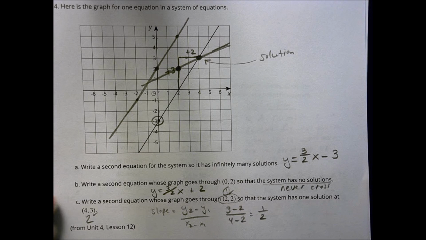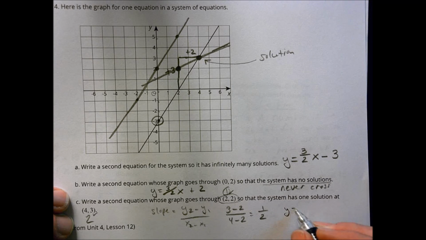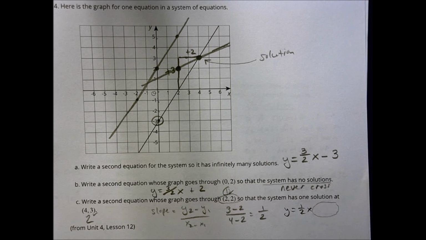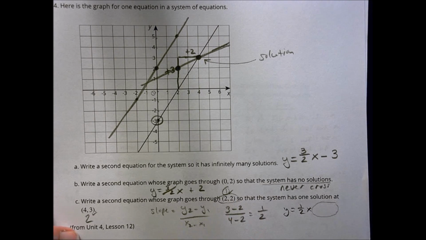So I know I have y equals 1/2 x, but I need to figure out where it crosses the y-intercept. To figure that out, I can plug in any one of these points to find out what this is going to be. We can write this as plus, and let's call it capital B so you don't think it's a 6. We're going to plug in 2 and 2.